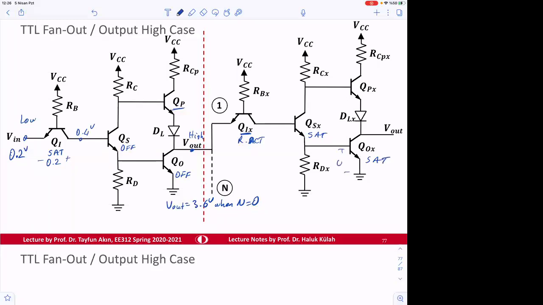So this voltage will be 0.8 volt, this voltage will be 0.8 volt, this is reverse active so this is going to be 0.7 volt, and this is going to be 2.3 volts. So the current, this IN prime, can be calculated. This current IN prime is going to be equal to beta R times IRBX.